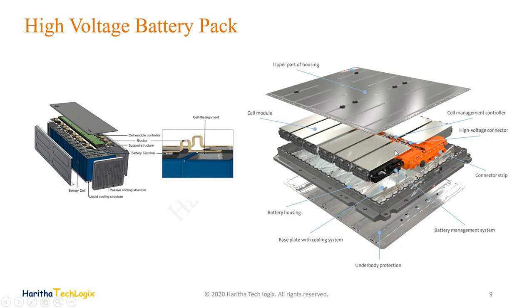For example, these enclosures prevent the battery pack from any accident or any foreign stone or any particles hitting the battery modules. At the same time, it is also safeguarding the cooling system or the coolant loop which is running inside this battery pack enclosure.